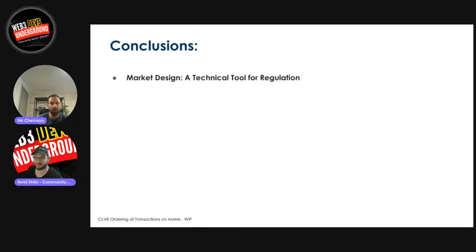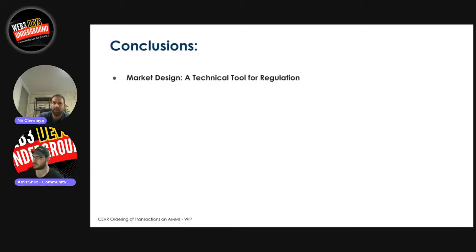I think what is beautiful in AMM and DeFi, and many people speak about it, is that regulation is very costly, it takes a lot of money and resources, and you need lawyers and people to enforce it. The whole idea of blockchain technology is that maybe we can come up with smart contracts and other tools to create a market design, a technology that is going to enforce regulation.